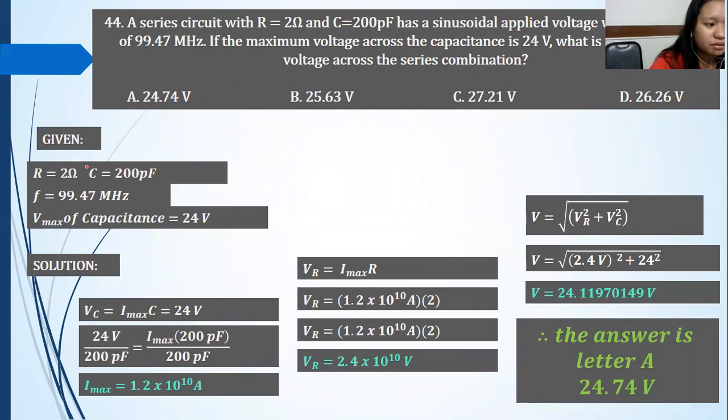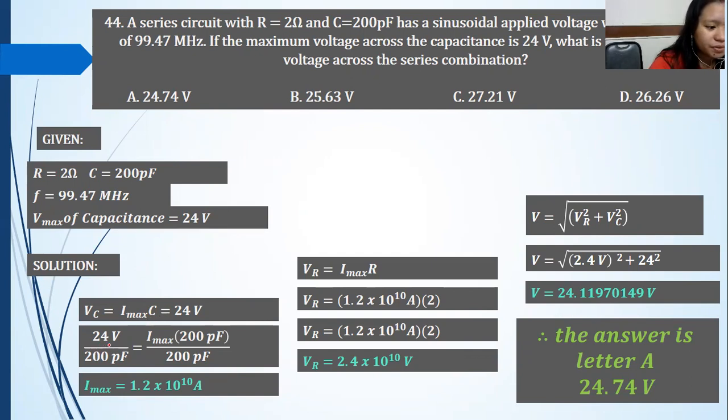Identify the given. We have the resistance of 2 ohms, the capacitance of 200 picofarad, the frequency of 99.47 megahertz, and the maximum voltage of the capacitance is 24 volts. To solve this, the formula is VC is equal to I max times C. Since VC is given as 24 volts, we will be solving for the I max.